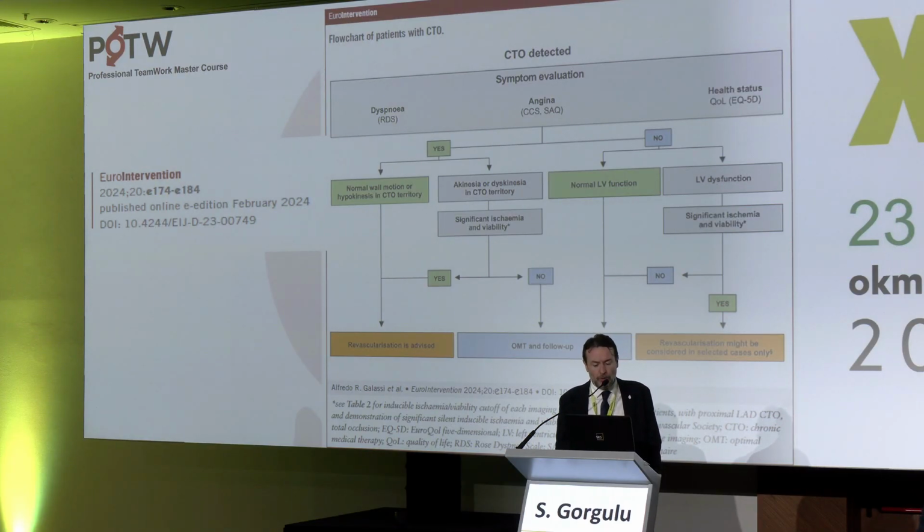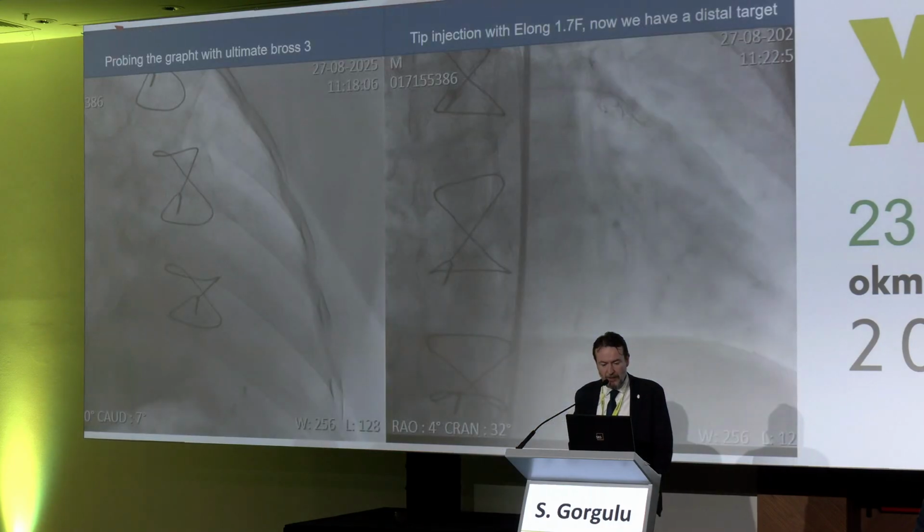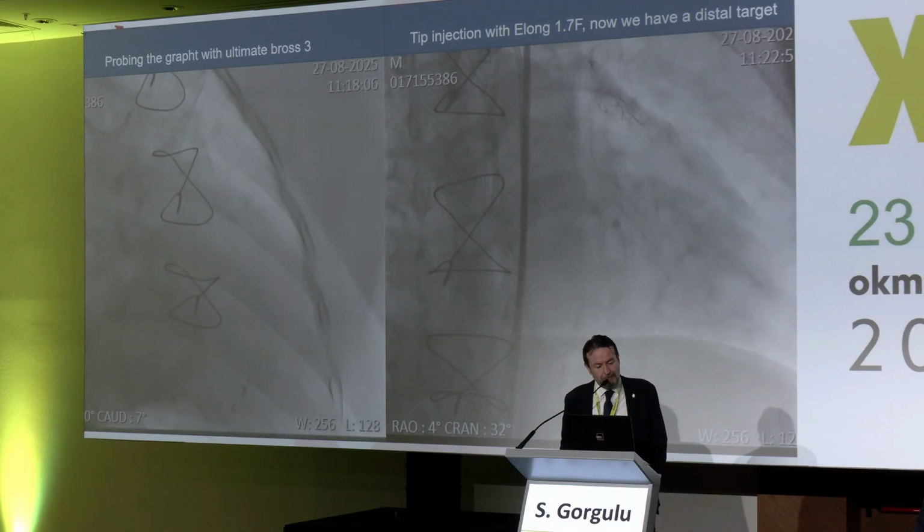The MRI showed more than 20% viable myocardium. The consensus document suggests intervention in selected cases, which means young patients and proximal LAD patients, or the patient does not fit into this criteria if he had no symptoms, but he is symptomatic. So this is what we have done.